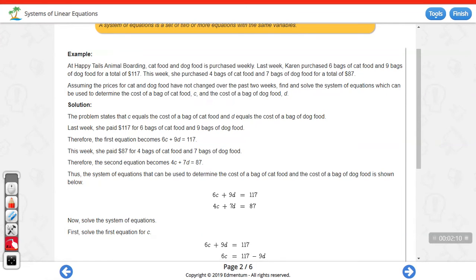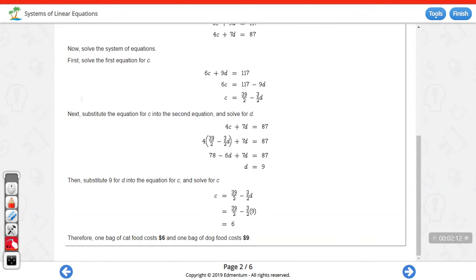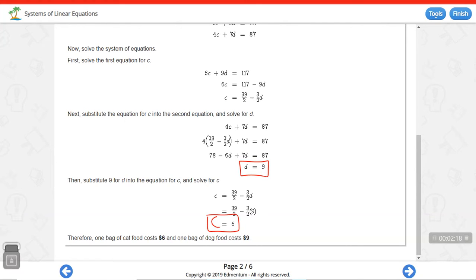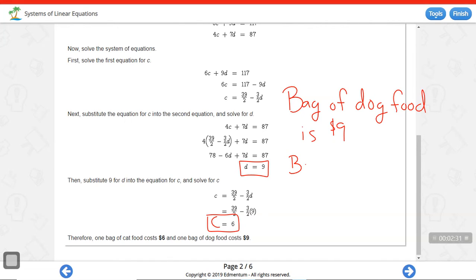So when we come down to the bottom and we get our answer as D equals 9 and C equals 6, we can interpret that as a bag of dog food is $9. A bag of cat food is $6.